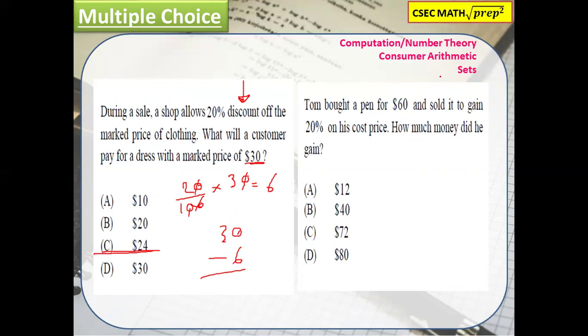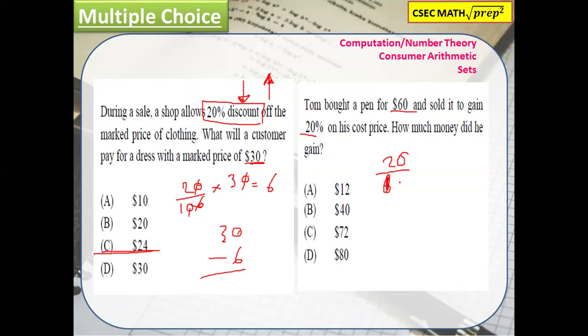All right, good. Moving on. Tom bought a pen for $60 and sold it to gain 20% on his cost price. How much money did he gain? The concept really is the opposite of what we have here, discount, right? And then profit works the other way, where the money is actually going up. But firstly, of course, we have to find what 20% of the 60 is.